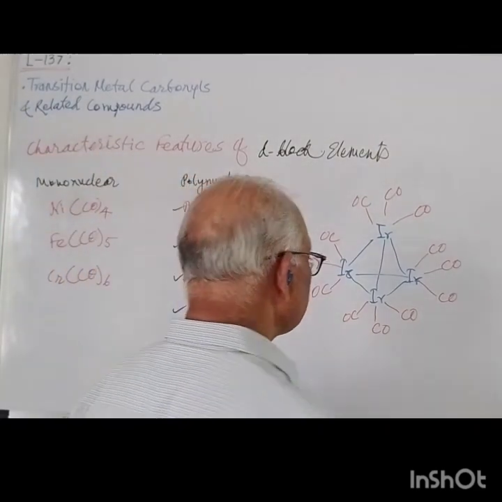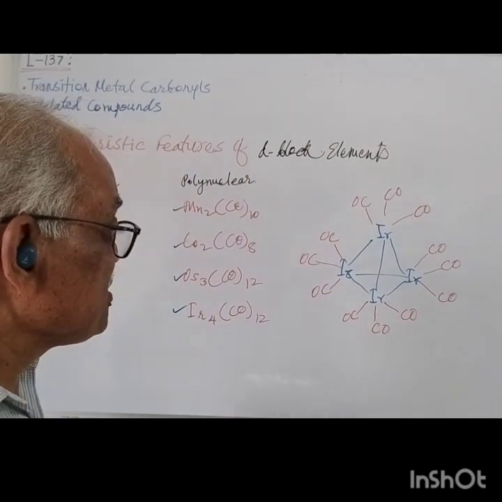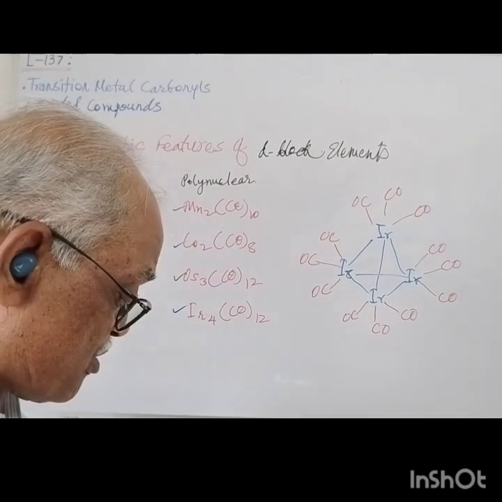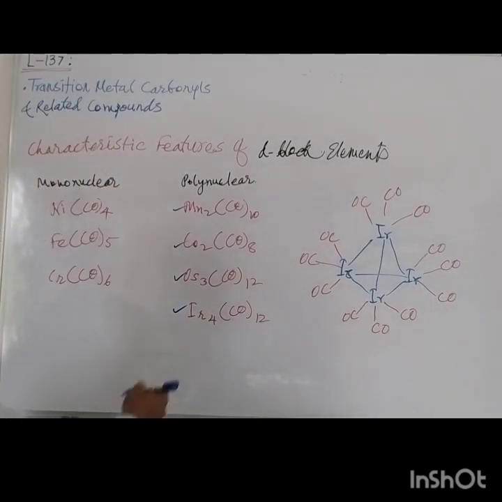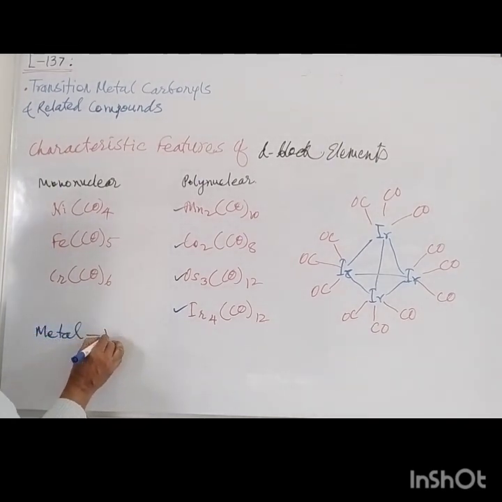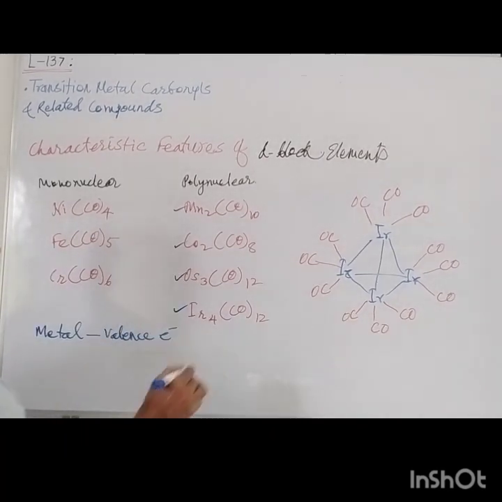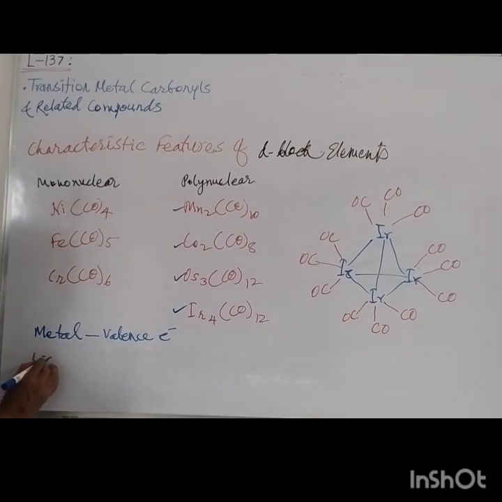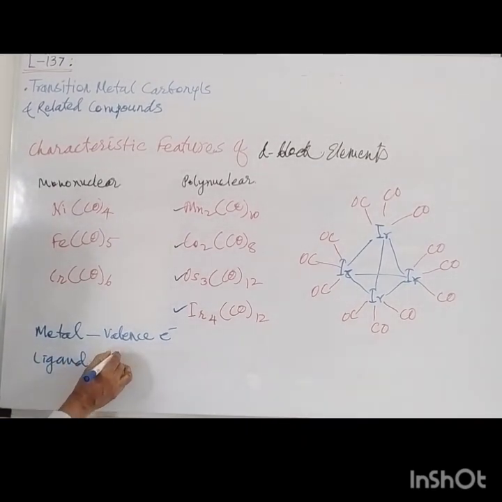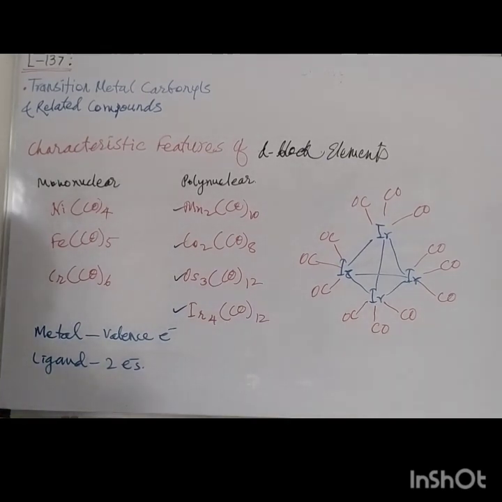Now in all this complex formation, the important thing is that every metal shares its valence electrons. Every ligand shares 2 electrons, 2 electrons per ligand.